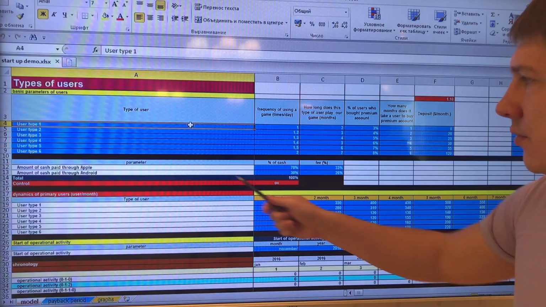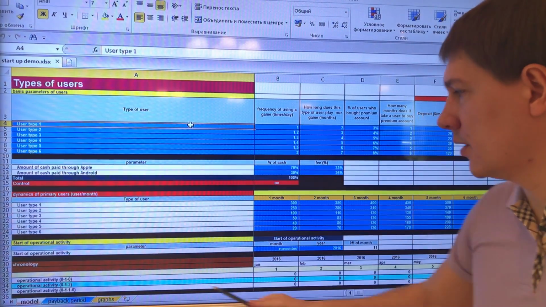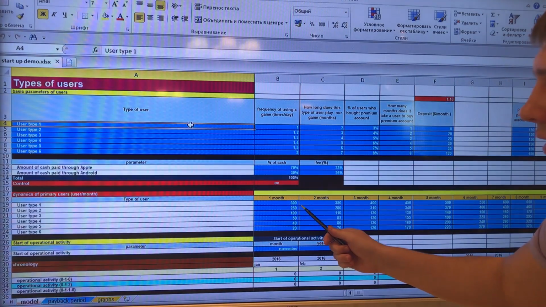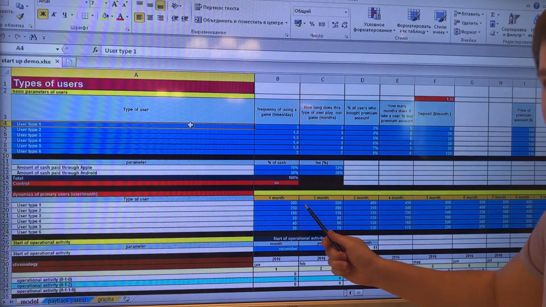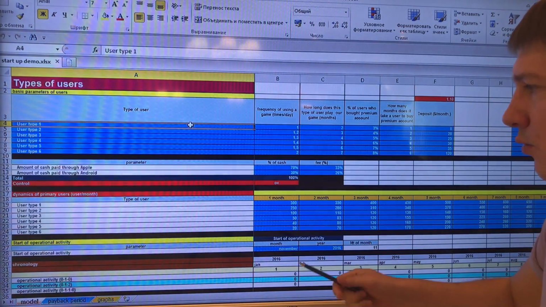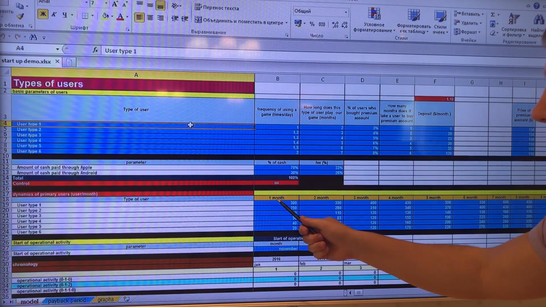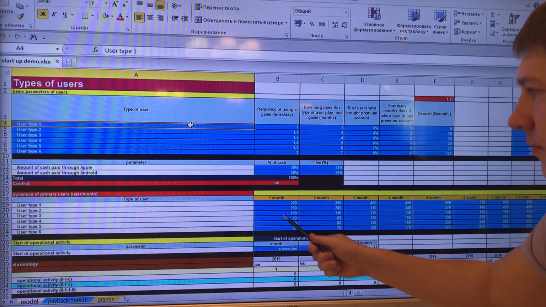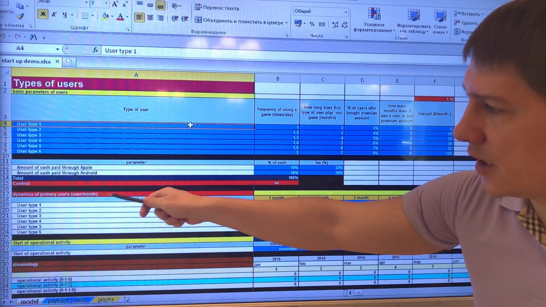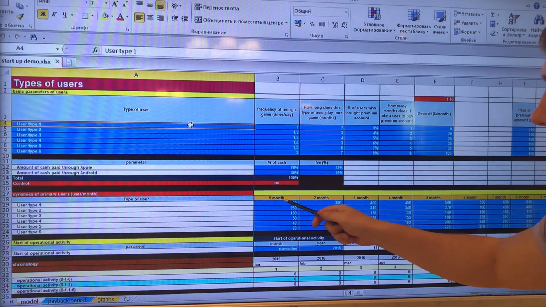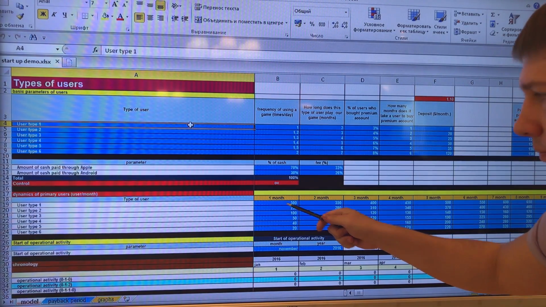After we've mentioned all this information, we start with putting the amount of primary users that come to us when we start our advertising campaign from the first month of operational activity. Here we have six types of users, and here we have the first month of launching our game.